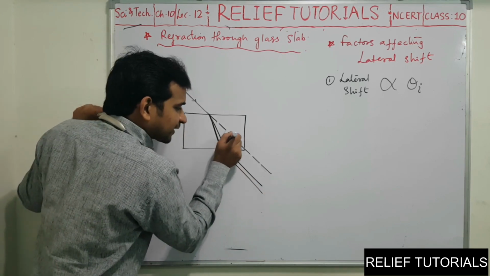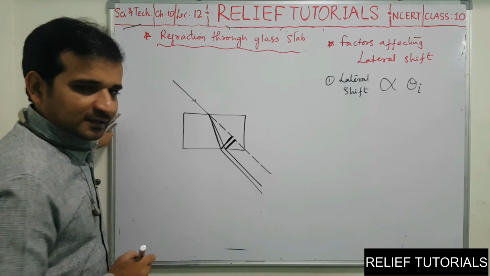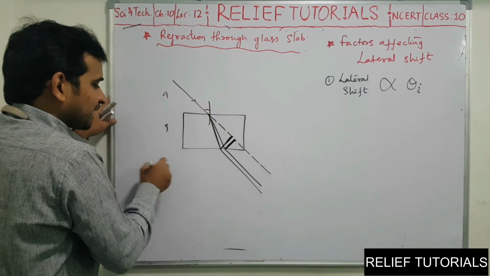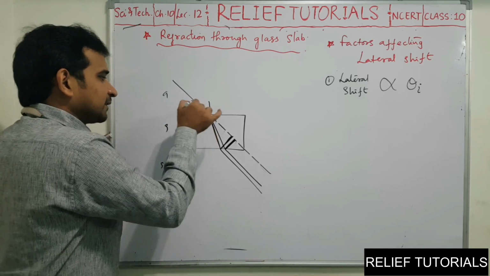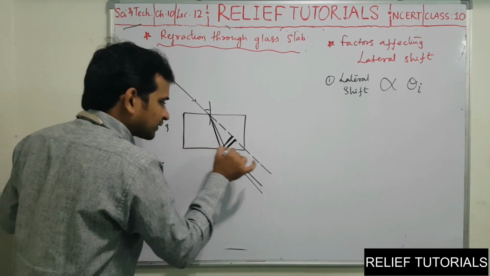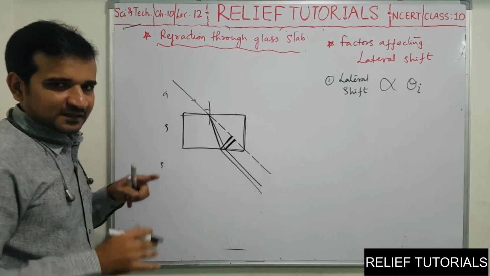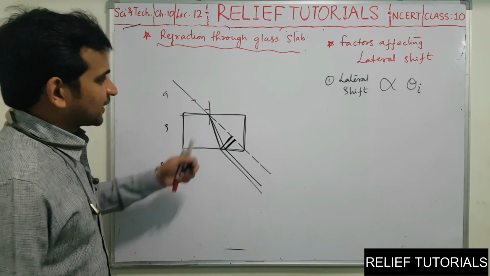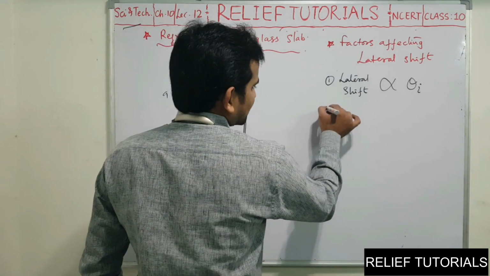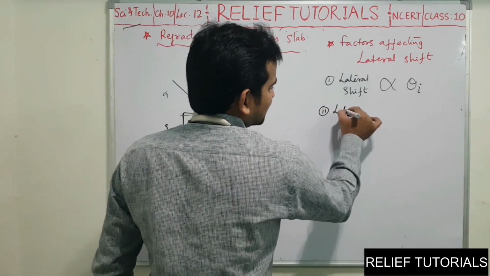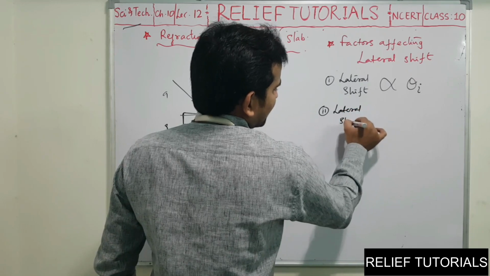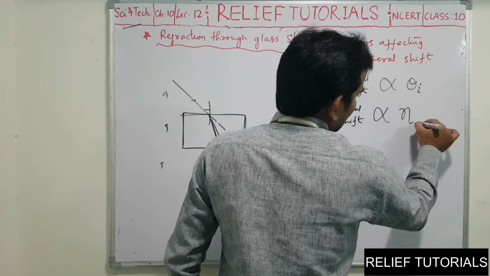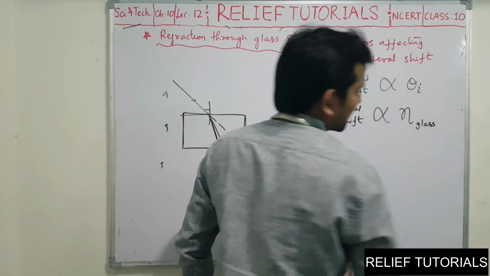Then here you can see the lateral shift increases for the same angle of incidence, for the same air, glass and air combination. If the refractive index of glass increases, meaning the density of the refracting medium increases, lateral shift increases. So the second factor on which lateral shift depends is, you can write, lateral shift is directly proportional to the refractive index of the glass slab.